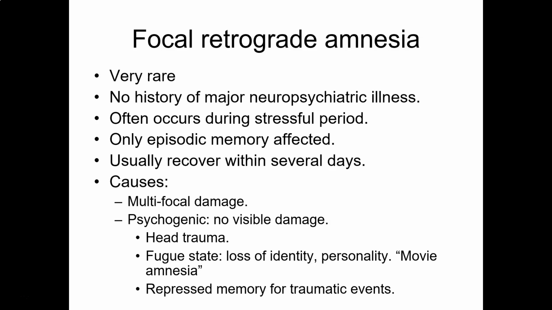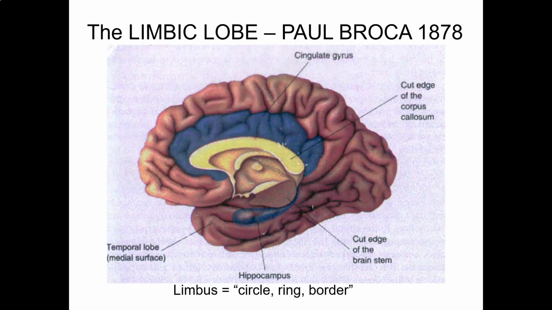So now we're going to move on to talk about an area that the hippocampus is part of. We're going to start talking about the limbic system, so the hippocampus, the amygdala, and other areas, and the role it plays in emotional processing. The first person to really talk about the limbic system was Paul Broca, who we have already talked about.